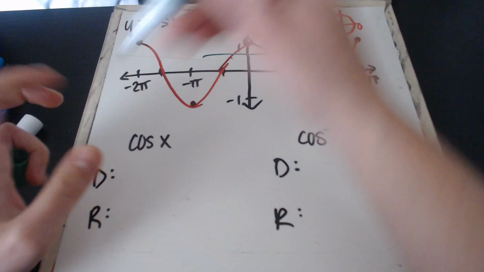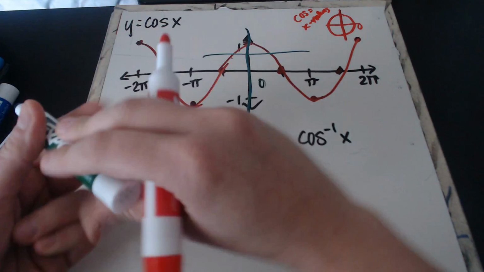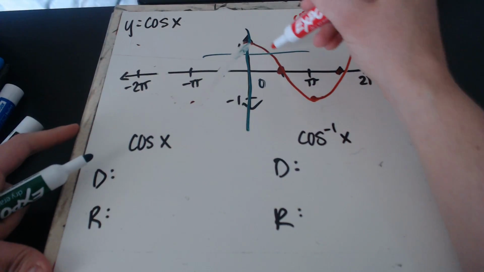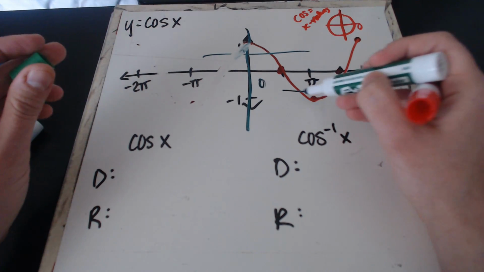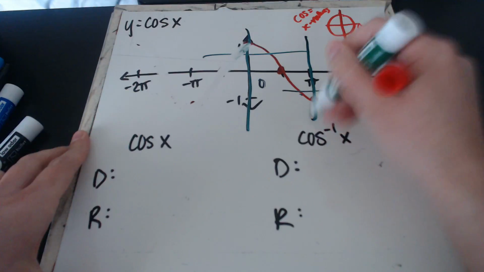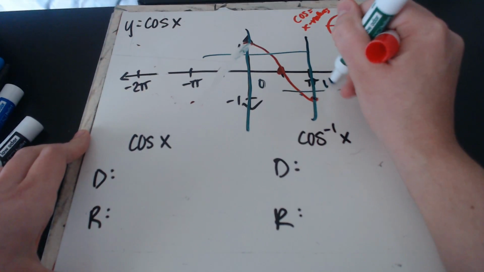So this is where I'm going to cut off my function, at 0. This part of my graph is no longer going to exist. And now if I go in this direction, you'll notice that I'm going to fail again down here. So this part we'll consider to be okay. This is the part where I'm going to fail. So I'm going to cut my graph right here. This part's not going to exist anymore, and I just cut off at pi.